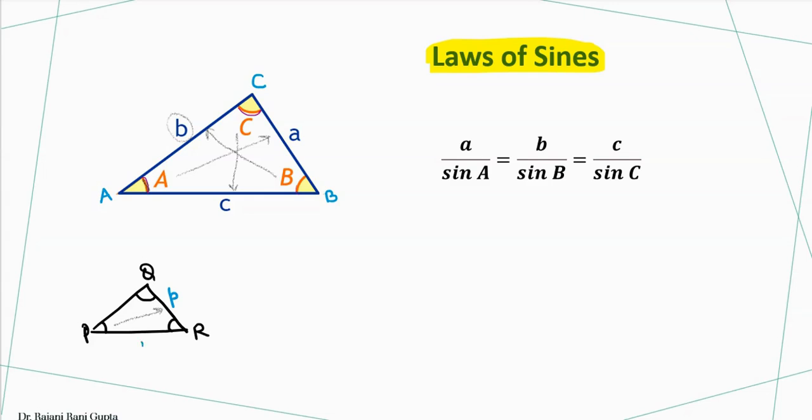The side opposite to angle Q, we denote it by small q. And the side opposite to R, we denote it by small r. Okay, so this is the basic thing.